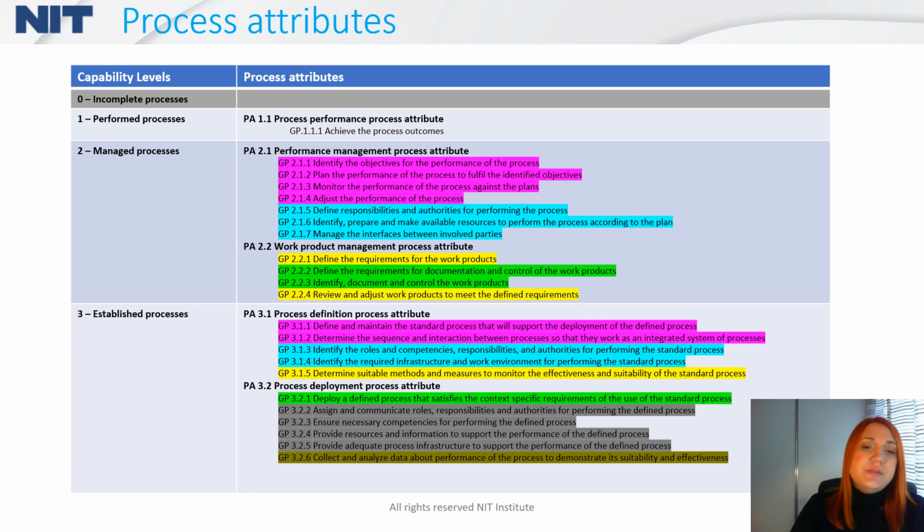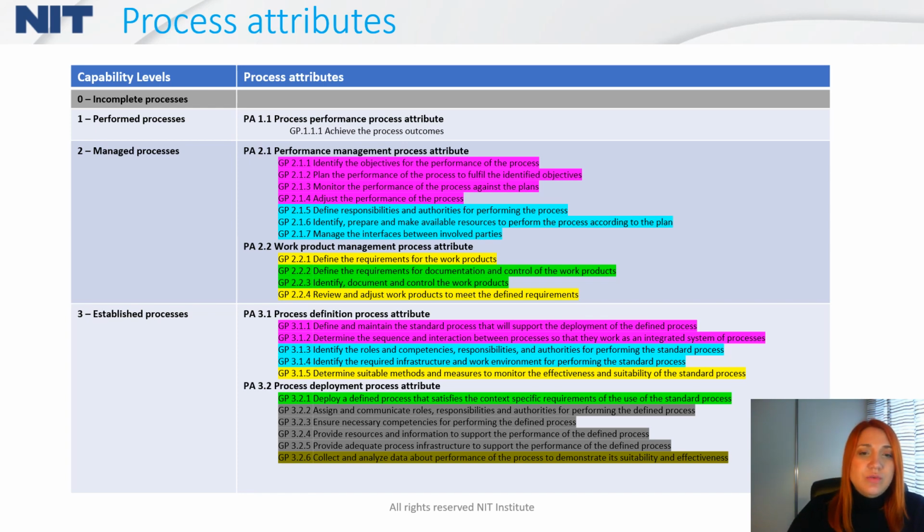Each of the process attributes has a generic practice related to it. On level 1, you have generic practice 1.1.1, achieving the process outcomes, which is compliant with the base practices which we discussed already in all the processes.